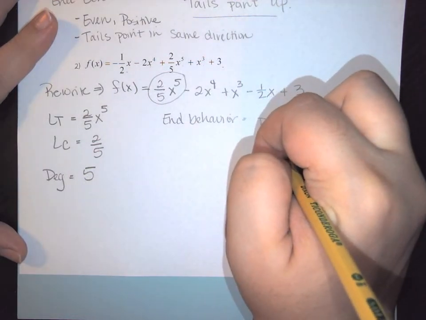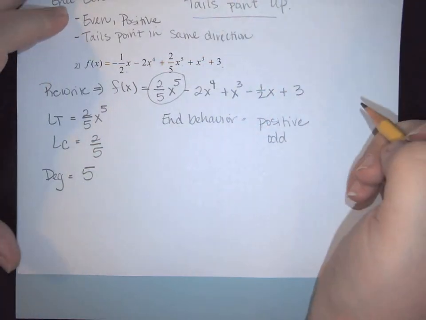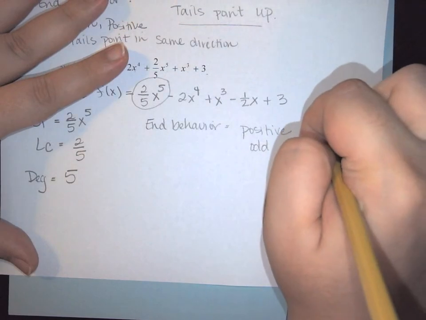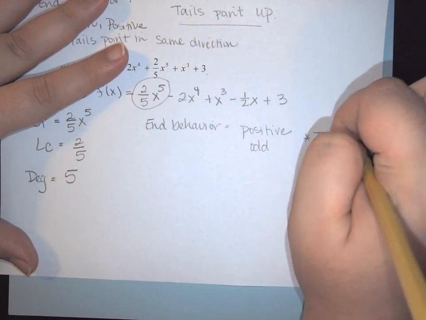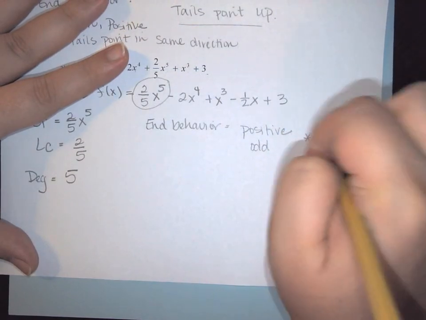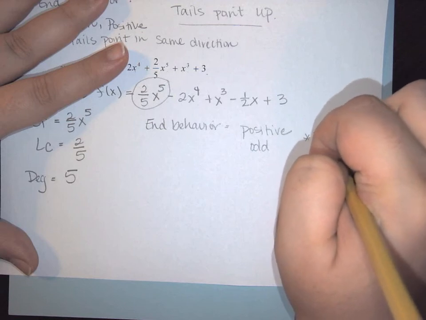second is odd. So when we have positive and odd, what we have to remember here is that your tails are opposite.